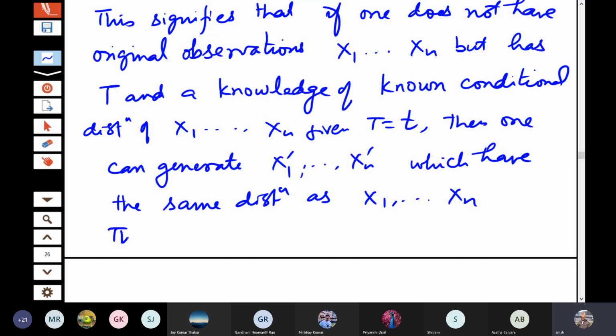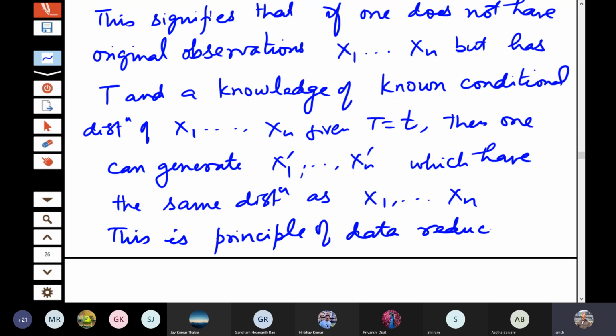So this is basically the principle of data reduction. Let me explain it through some example so that immediately it becomes clear.